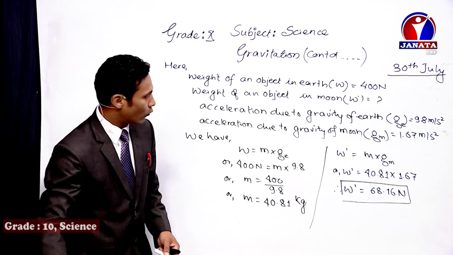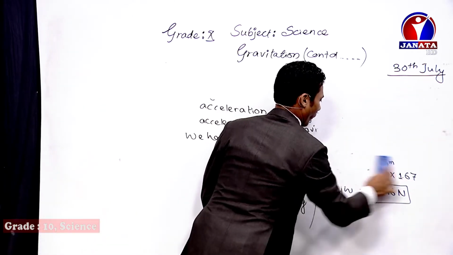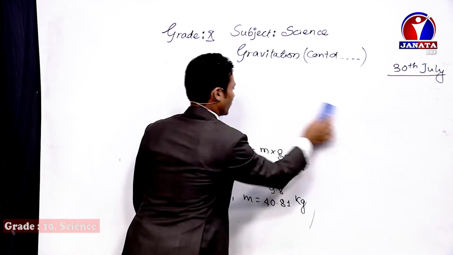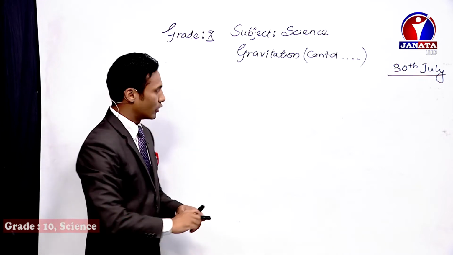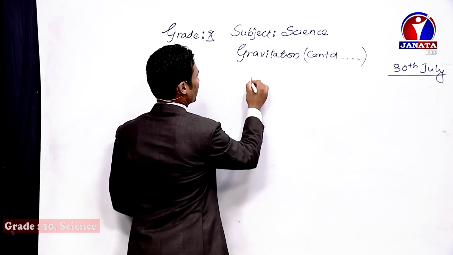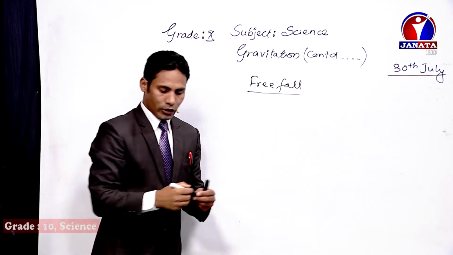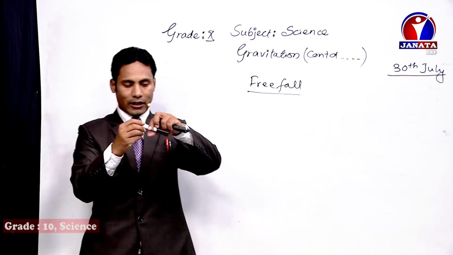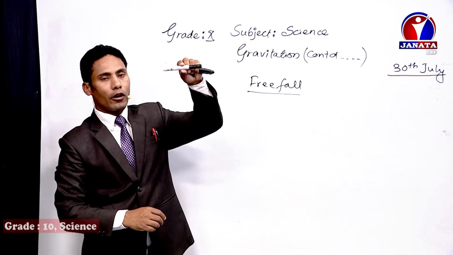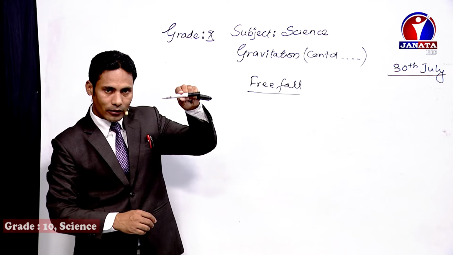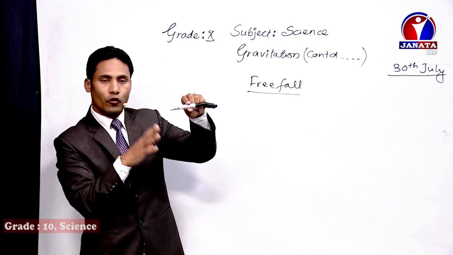Let's see what free fall and weightlessness are. Firstly, let's talk about free fall. I have one object here. Whenever the object falls freely, there are two forces acting on it.